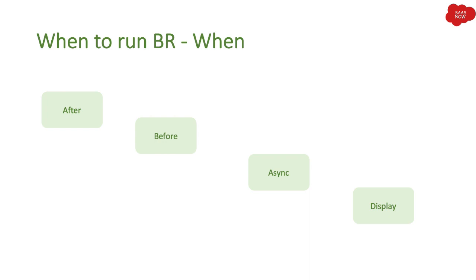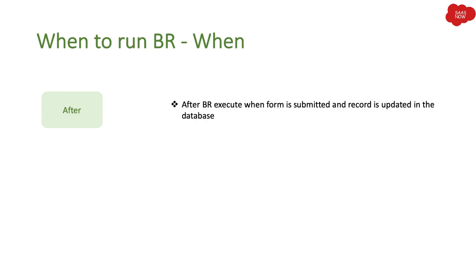So let's start with the after business rule. After business rules execute after form submission, when the form is submitted and the record is updated in the database. So if you are an end user creating a record, you have opened the form and you are submitting the incident. Once that incident is created, then this particular business rule will run.